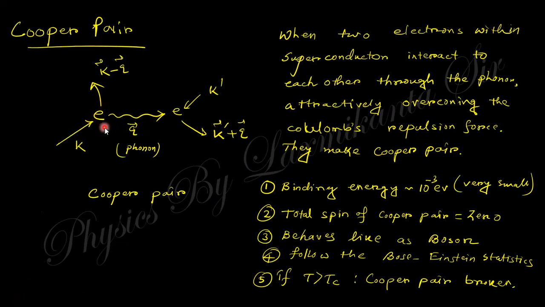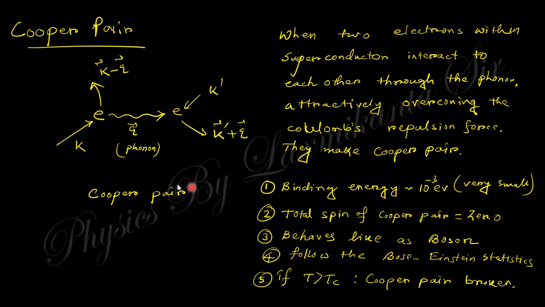This Cooper pair interacts by phonon. Phonon is lattice vibration. When two electrons within a superconductor interact with each other by phonon, they make a Cooper pair. The binding energy of the Cooper pair is 10 to the minus 3 electron volt, very small. Total spin of the Cooper pair is 0.